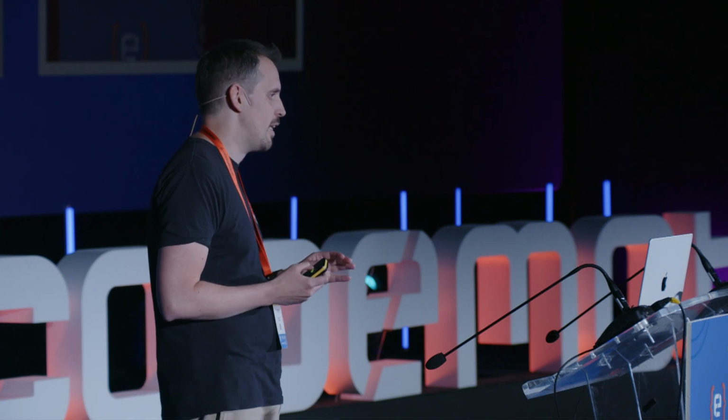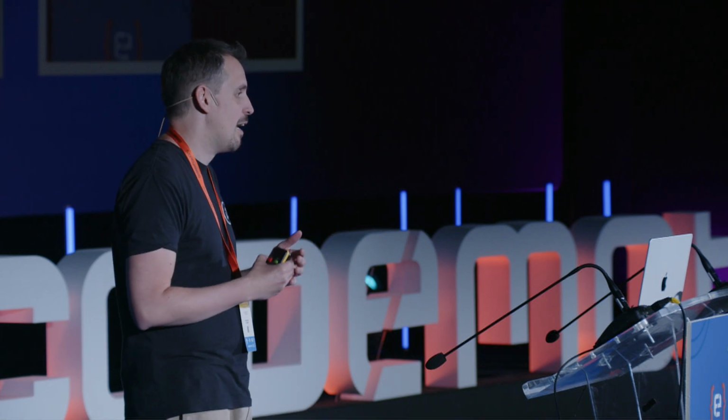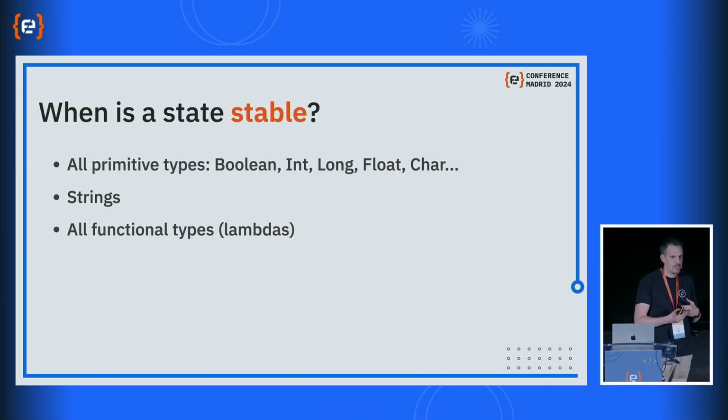Lambdas have their own problems with recompositions, but not because of the stability. We'll see later why at the end of this talk. But if a composable receives a lambda, that lambda is considered stable, and because of that, the composable could skip the recomposition if the lambda doesn't change.